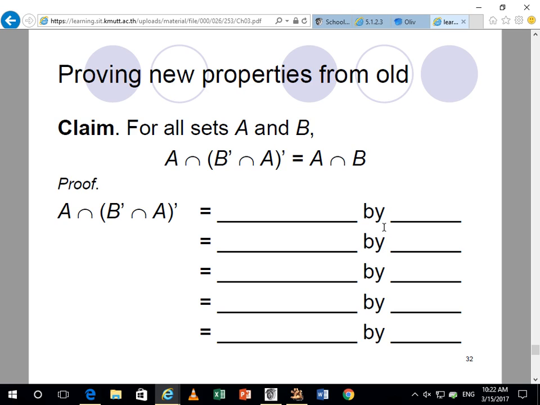Or should we use something else? I mean, is this line correct? Yes or no? Going step by step.